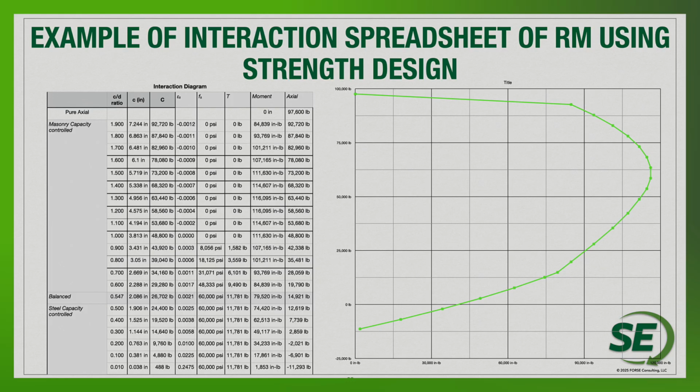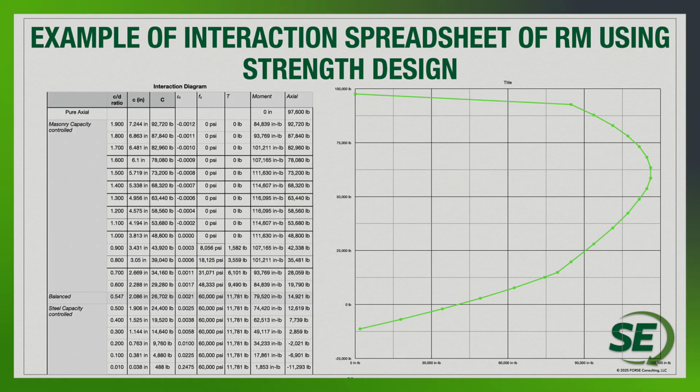So if we're within this curve, we know that our axial to moment capacity is going to be okay. If we're outside of the curve, we know that we're not going to be acceptable. It's also really good to remember that as we move up, as I have more axial stress and force on this section, we actually have more and more moment capacity.